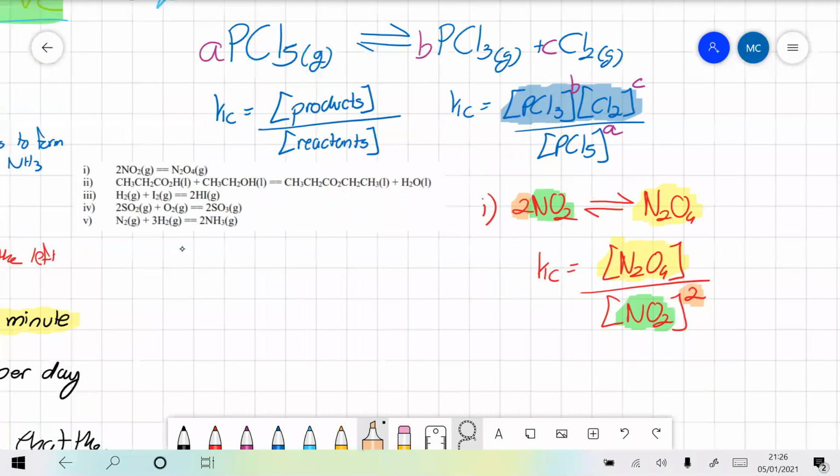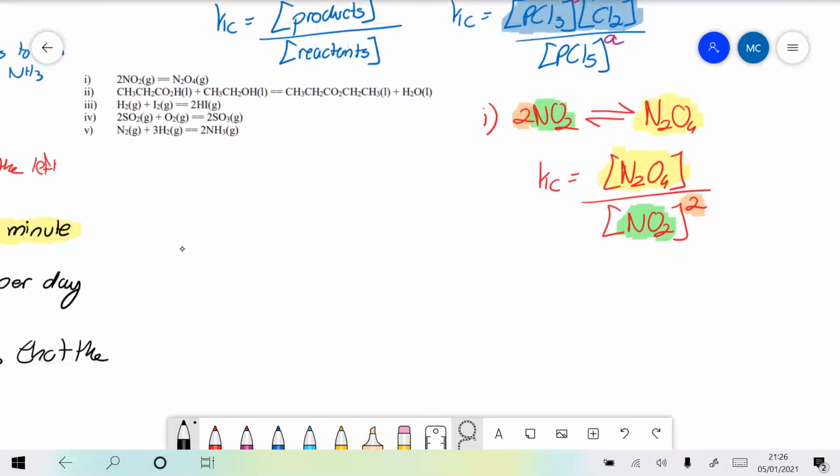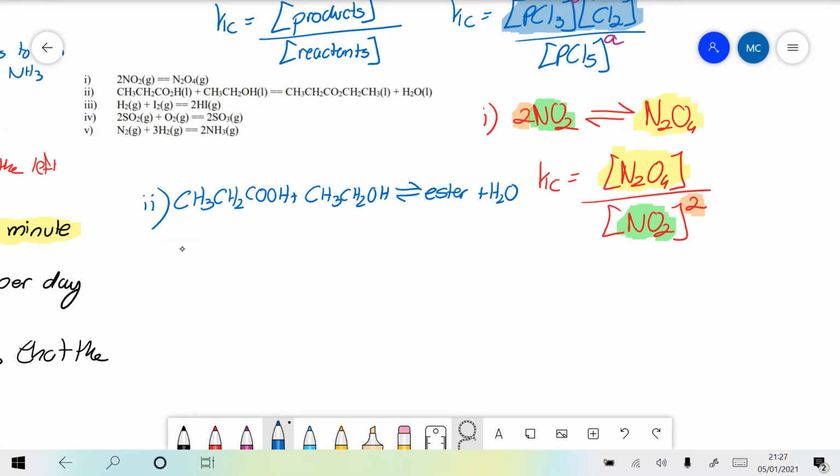Okay? So for the first one, 2, I will write the equations for these. I wrote ester instead of the full ester because of space.